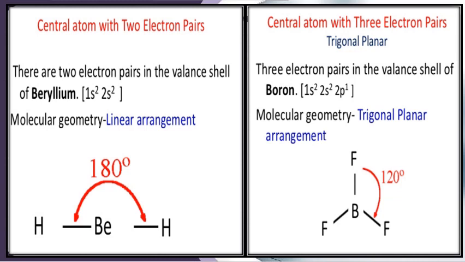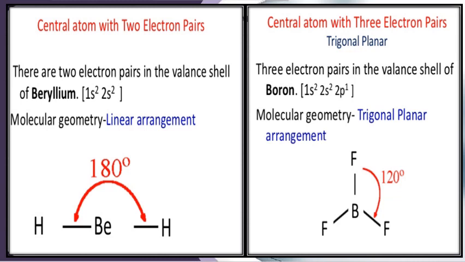In BeH2, if you are going to write, Be is the central atom, so you should know the electronic configuration of this atom. Here it is given as 1s2 2s2, right? 4 electrons in total, 2 of them in the outermost shell. These two are separately unpaired electrons, so it can hold 2 hydrogen atoms along with it.